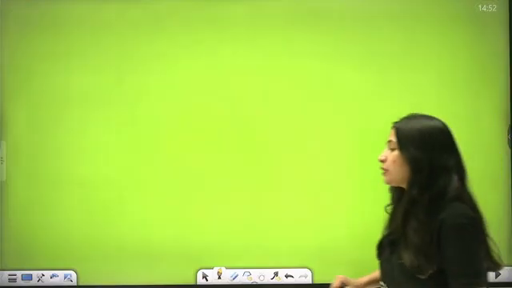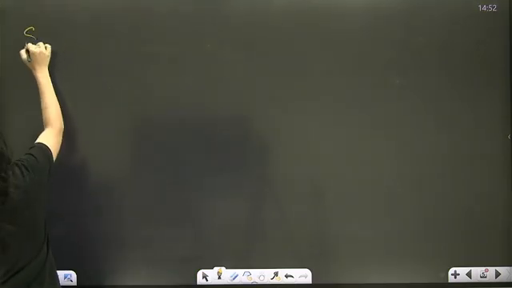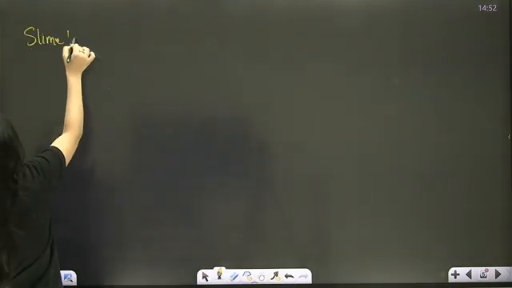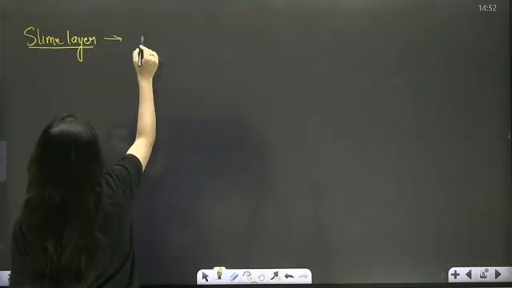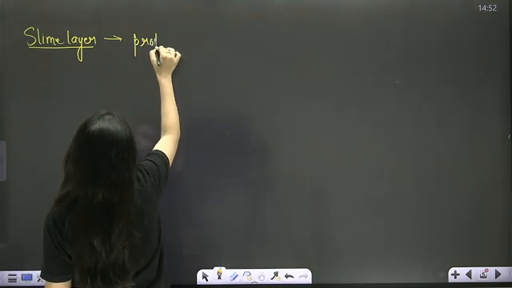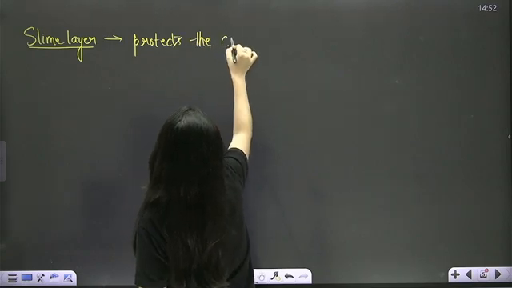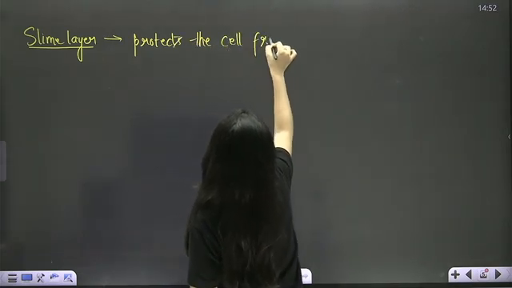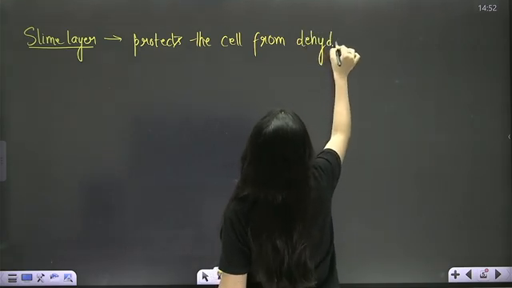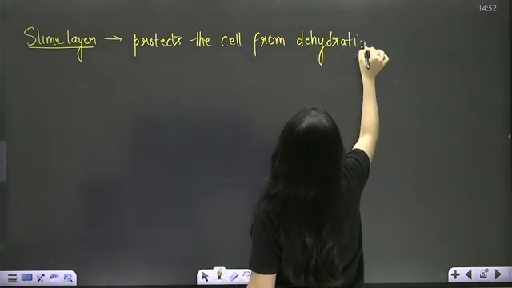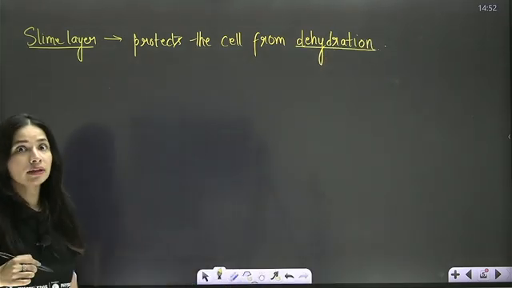The individual function of slime layer: if glycocalyx is present in the form of slime layer, it protects the cell from dehydration. And what is the second form?